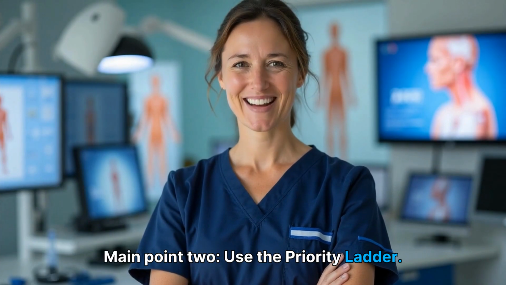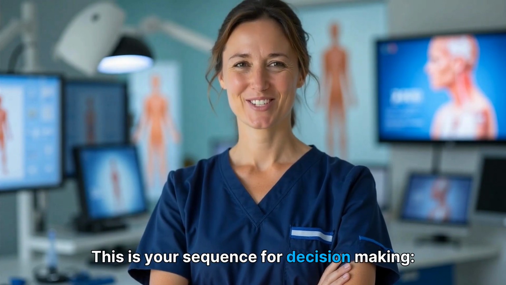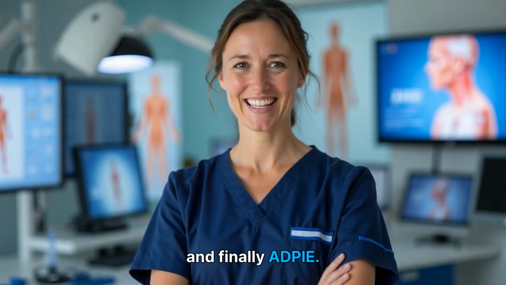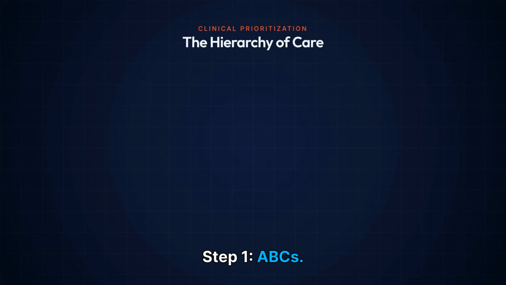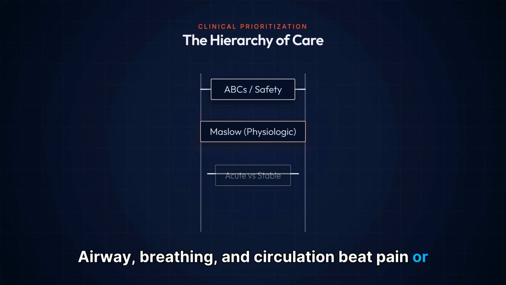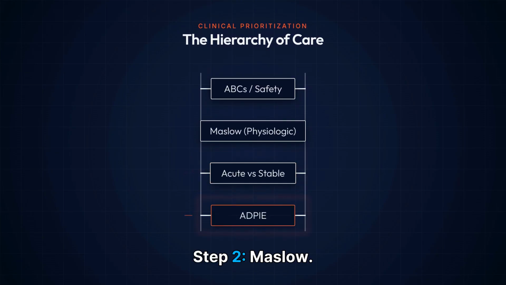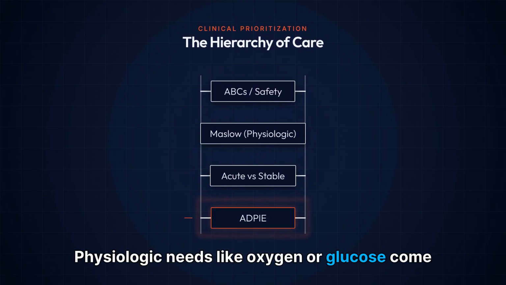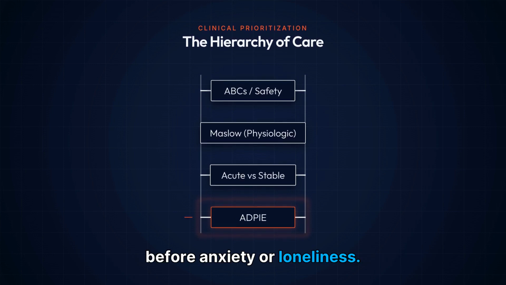Main point 2. Use the priority ladder. This is your sequence for decision-making: ABCs, then Maslow, then acute versus chronic, and finally ADPIE. Step 1, ABCs. Airway, breathing, and circulation beat pain or teaching. Step 2, Maslow. Physiologic needs like oxygen or glucose come before anxiety or loneliness.